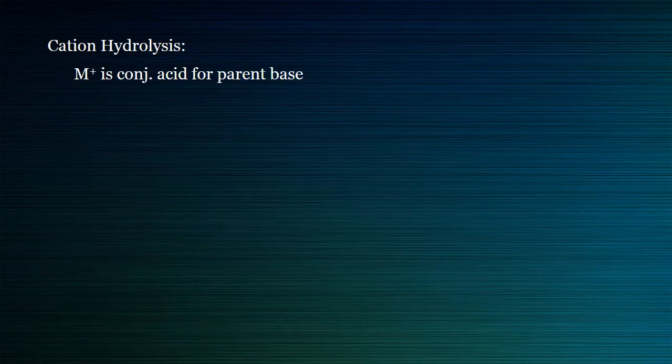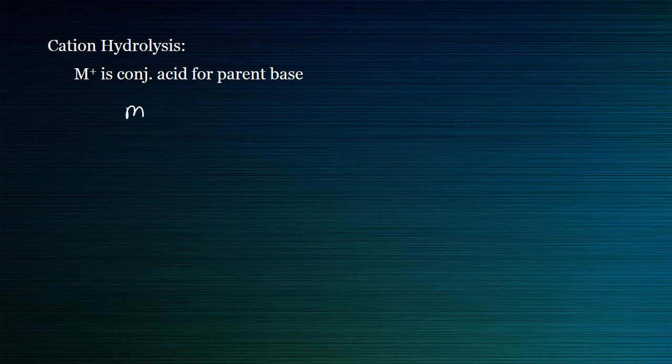Cation hydrolysis. So your M+ or your metal ion is the conjugate acid for the parent base. And so if you understand from anion hydrolysis, a weak base makes a strong conjugate acid, which means it's going to hydrolyze water.